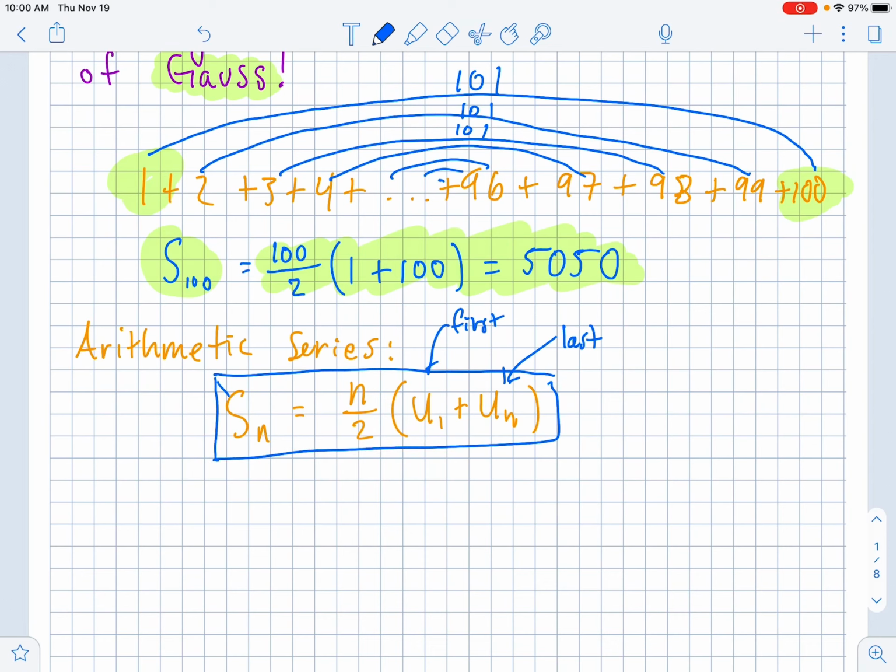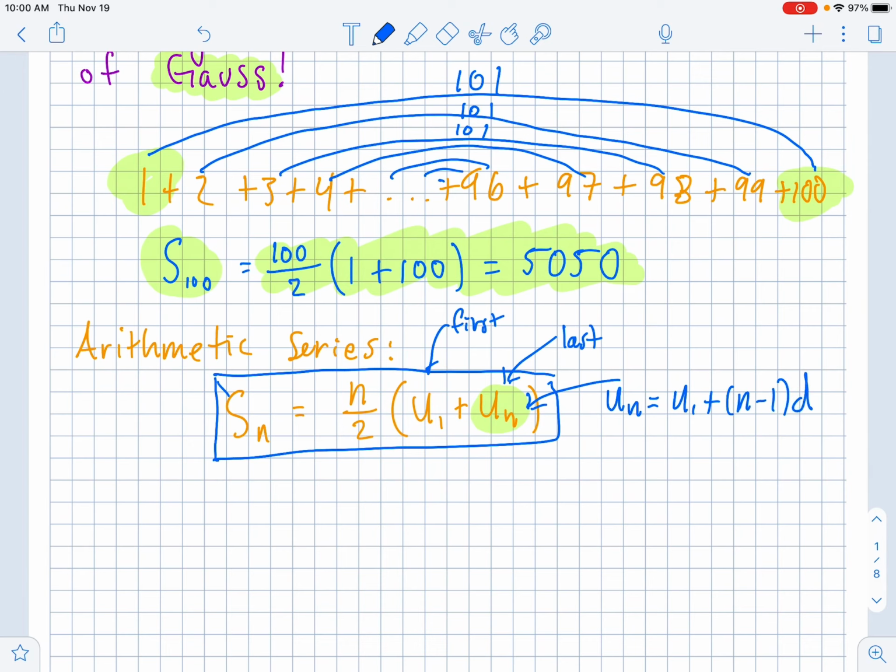But you guys, depending on what information they give you in the problem, it might be more advantageous to use a rearrangement of this formula. Because u sub n is the same u sub n from an arithmetic sequence, it's a term in the arithmetic sequence, we know that u sub n equals u sub 1 plus n minus 1 times d.